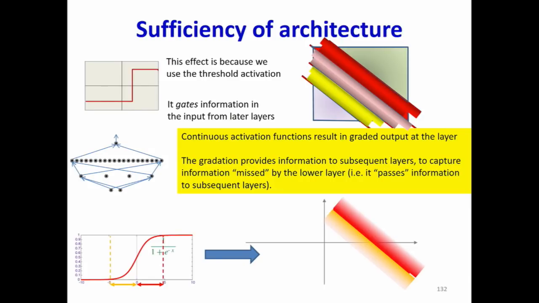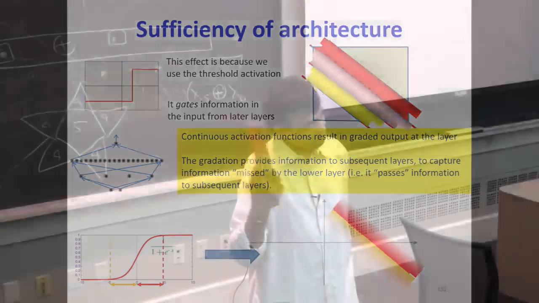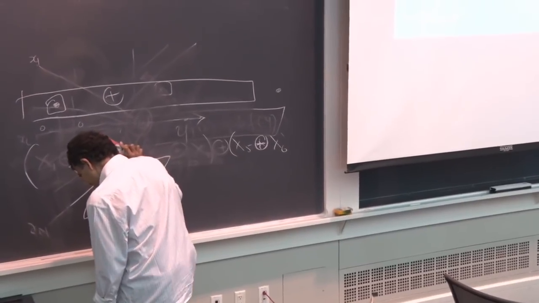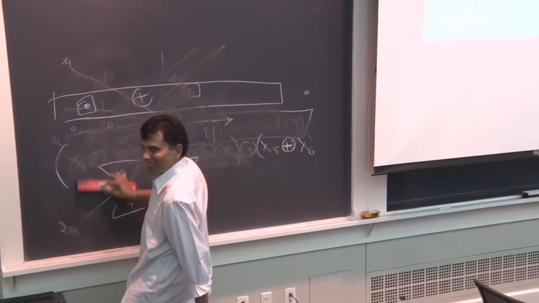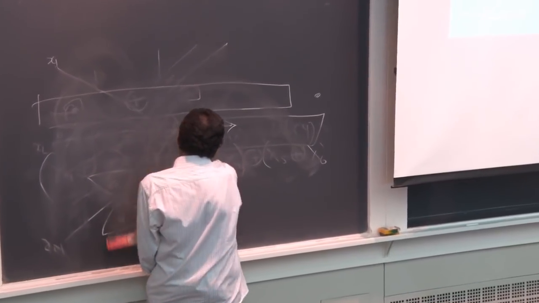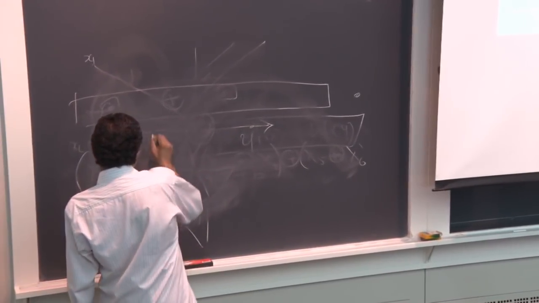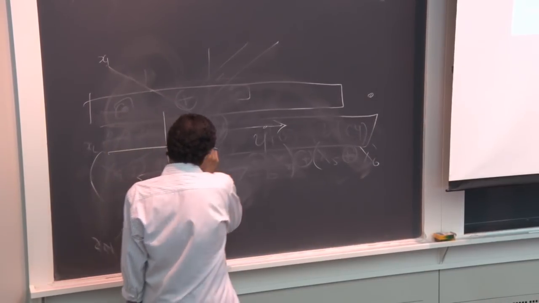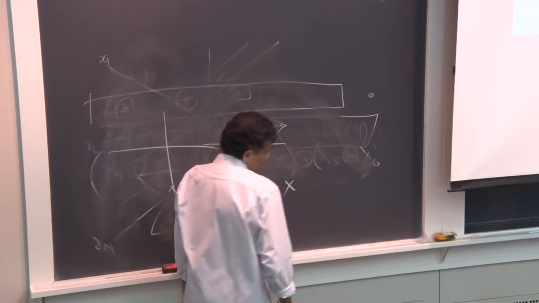Suppose I decide that I'm going to use fewer than the minimum number of units in the first layer for this particular problem, right? So I give you a choice. Let's say this is my boundary, and this is my boundary.